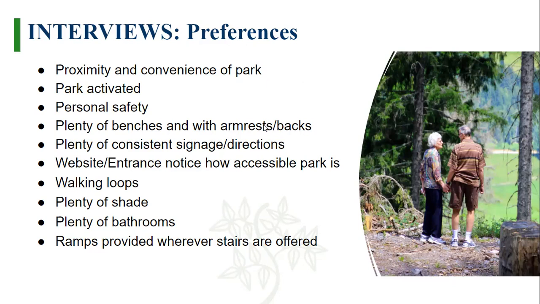That on a website about a park or at the entrance, there be a notice about how accessible the park is. We'd really love to focus on that, and on how we help notify people, whether with a number from 1 to 5 for its level of accessibility. That would help older adults and people with disabilities choose which park they are going to go to today. Walking loops instead of out and back were definitely the preference.